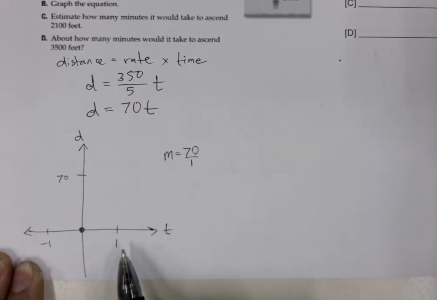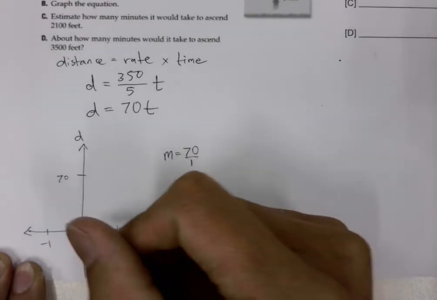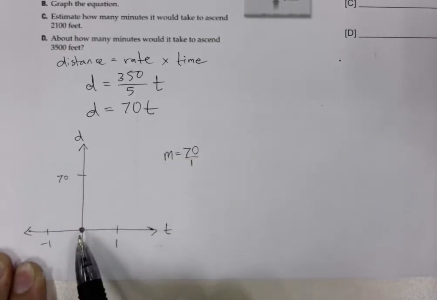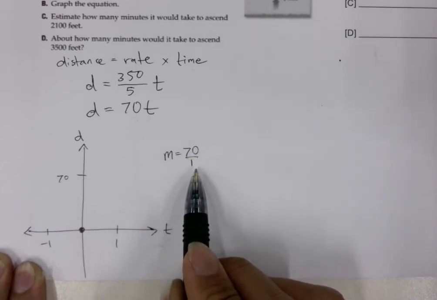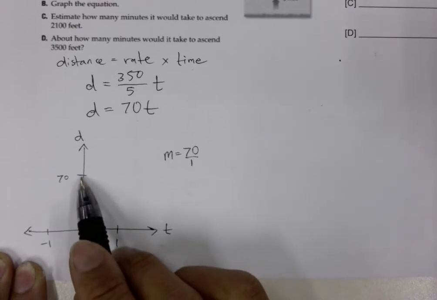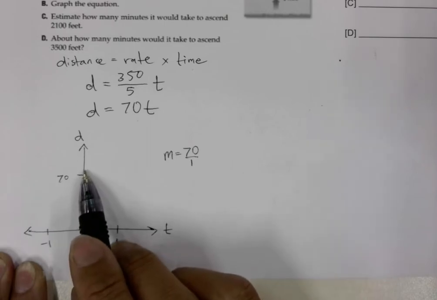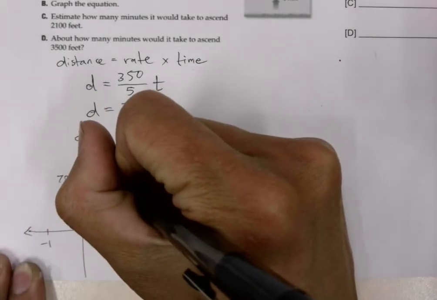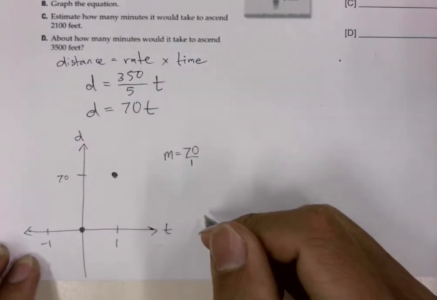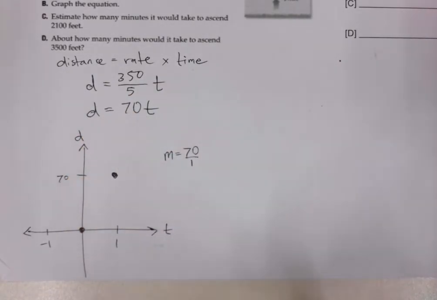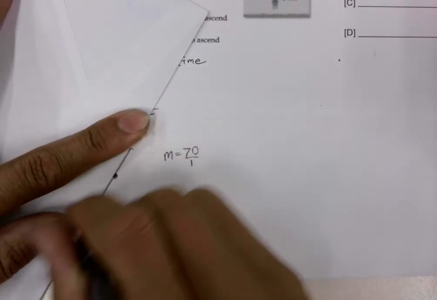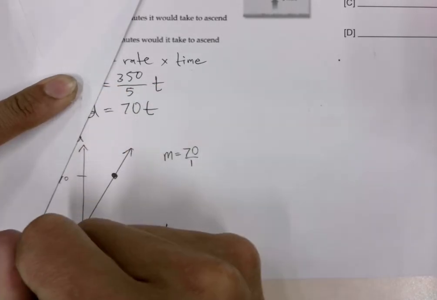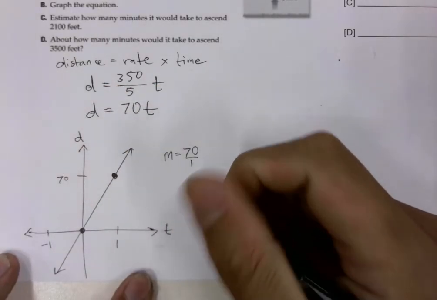And if I have the graph set up this way, then my first point will be at rise is 70 and my run is 1. So I'm rising up 70 units on the y-axis, or the d-axis, and then I'm running to the right 1 unit. So that's going to take me to here, and that is going to be the 2 points I'm going to use to draw my line. So now we've graphed the equation.